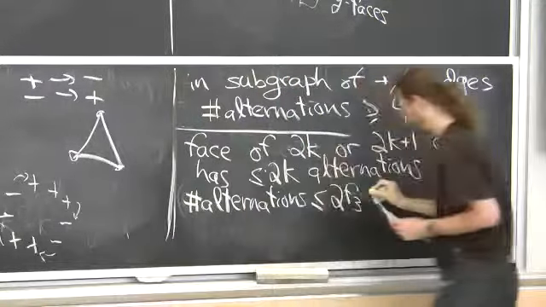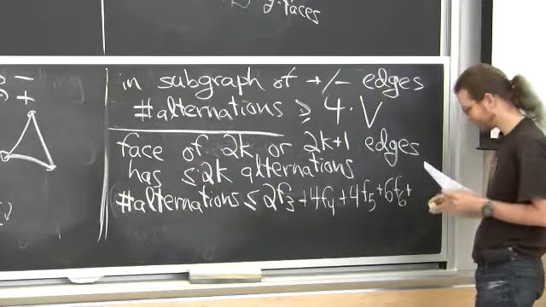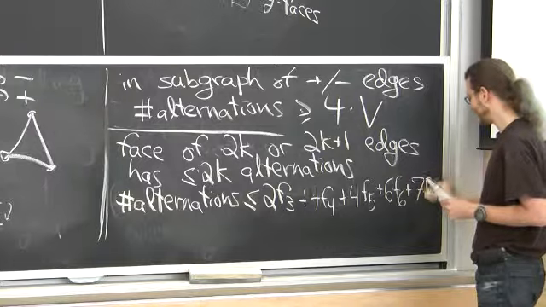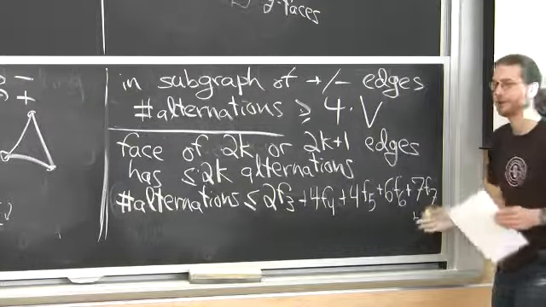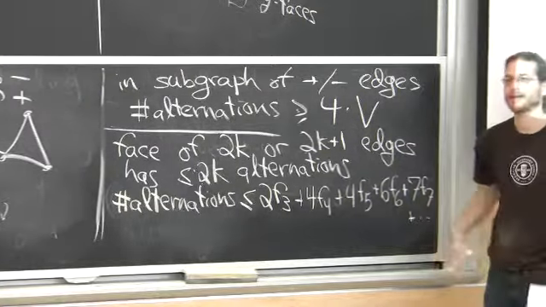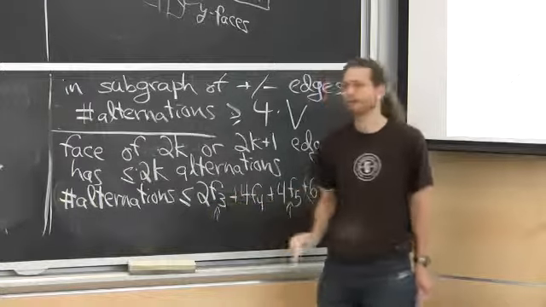Plus 4 times the number of quadrilaterals, plus 4 times the number of pentagons, plus 6 times the number of hexagons, plus, why did I write 7? I wrote 7. I'm being sloppy. Okay, at that point, I don't care. 7 F7, 8 F8, 9 F9. I'm not going to try to be clever from 6 on, but I'm going to be clever at 5 and 3. Why 5 and 3?